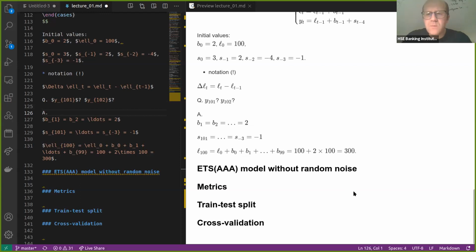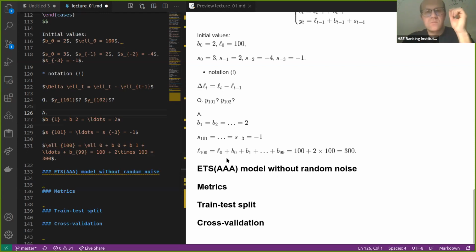Why did we multiply by 100 in the end? Why not? B0 plus B1 plus B2 plus ... B99.